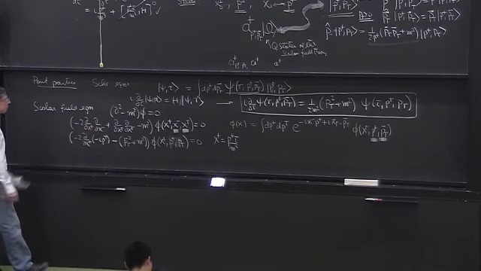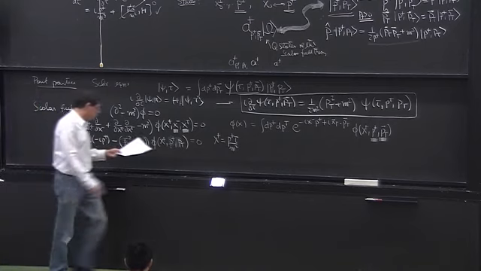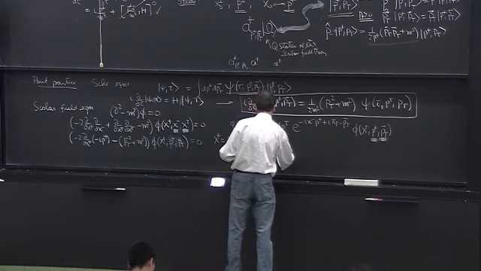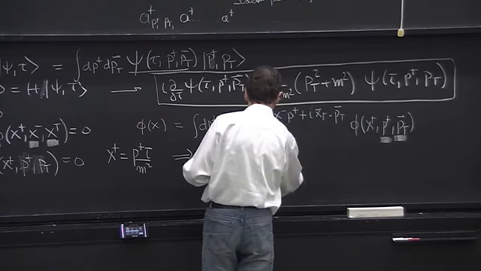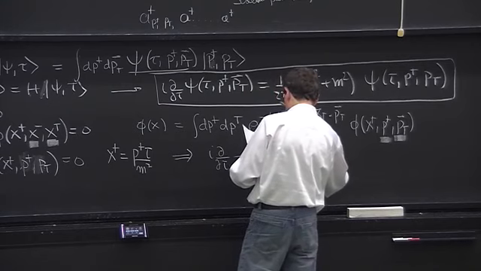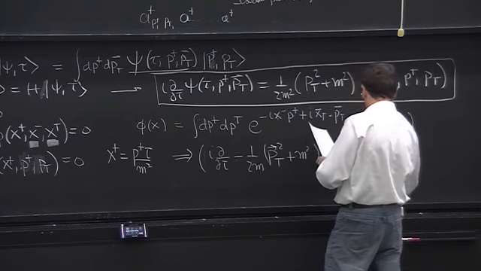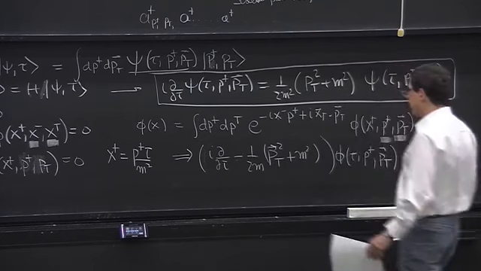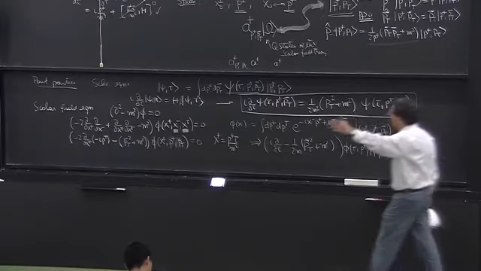You just put that in and simplify, and what do you get? You get i d/dτ minus 1 over 2m (p_T² + m²) φ(τ, p+, p_T) equals 0. Okay, look, I did a lot of massaging to this simple equation of the massless scalar field.